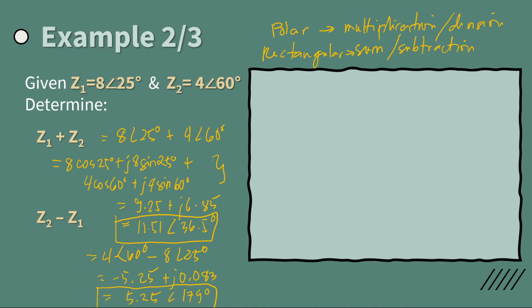So this is the recommended approach: if you're doing multiplication or division, use polar form. Later we will explain the third example, how to multiply polar form complex numbers. For sum and subtraction, it's better to use rectangular form.